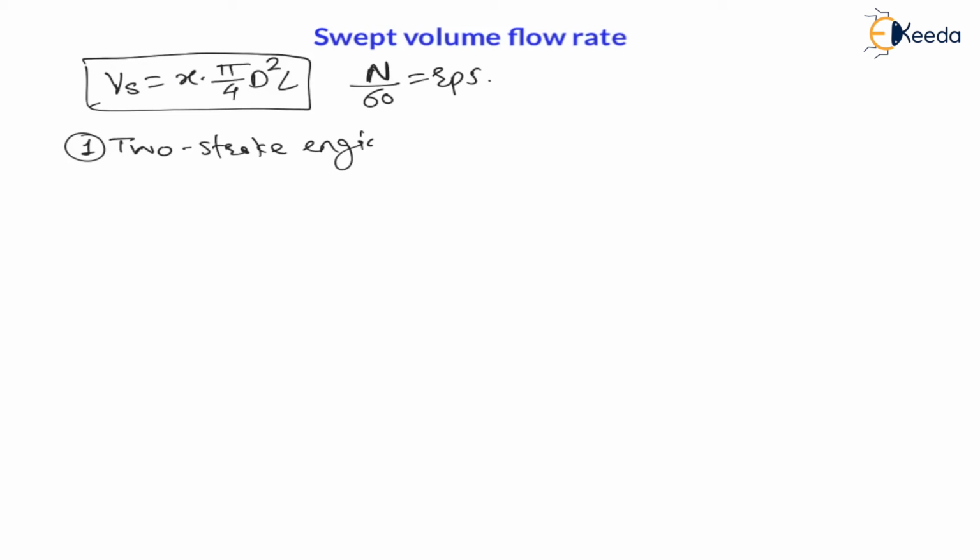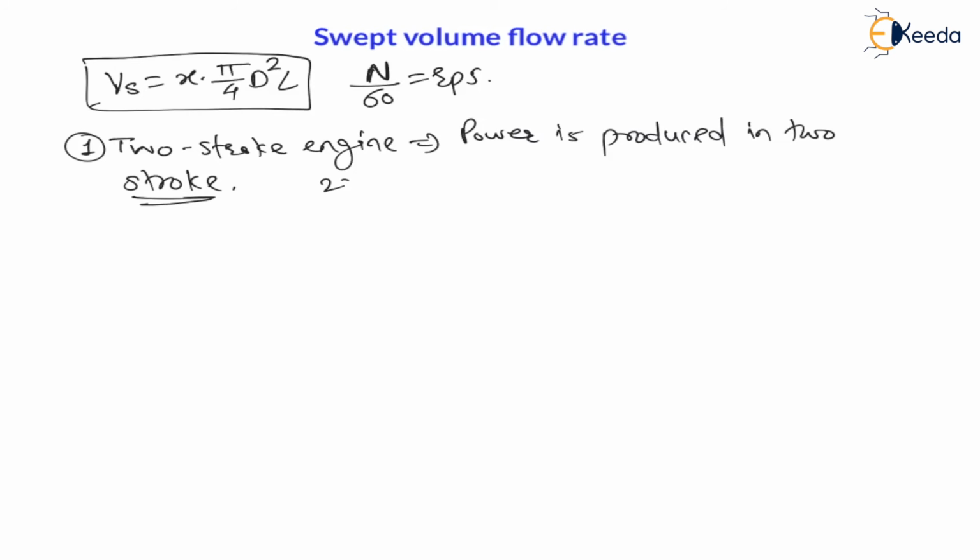Two stroke engine means power is produced after completing two strokes. And my dear students, two strokes is nothing but one rotation of the crank. That is, for one complete rotation of the crank, power is generated.